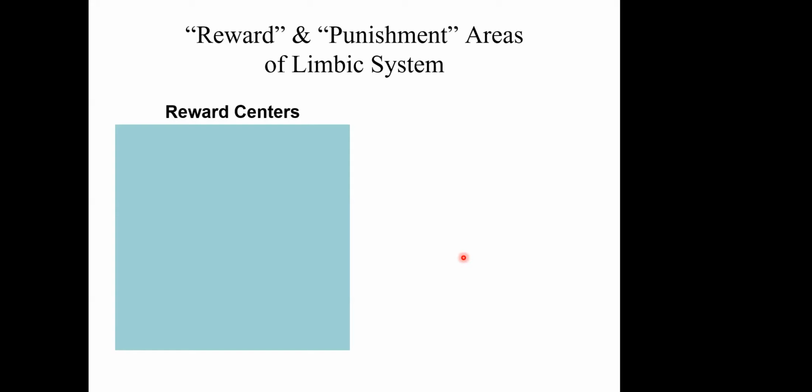Basically, they divided it into two main areas: reward areas and punishment areas. As I mentioned earlier, the animal would prefer to press those electrodes that fell in the reward centers, as opposed to the punishment centers.